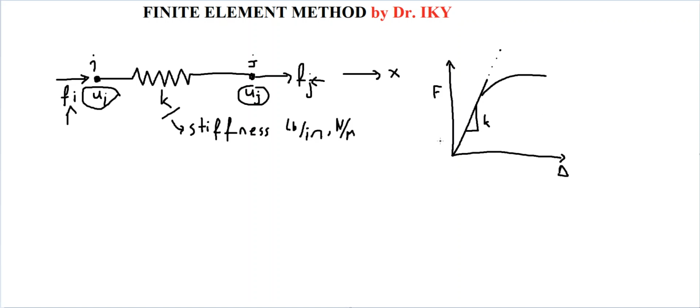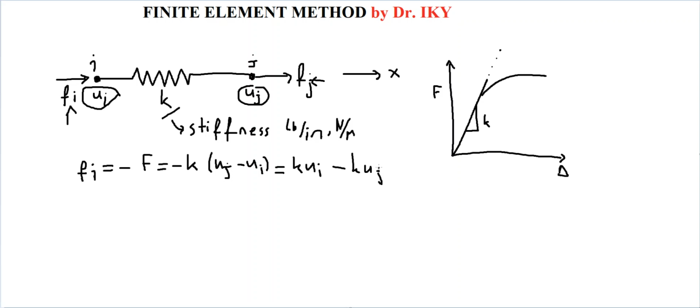So we have written these equations. I'm going to write them again. Fi is equal to minus F, which is a reaction force, so it can be written as minus K times (Uj minus Ui), which is equal to K Ui minus K Uj.